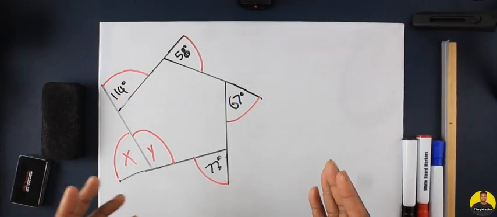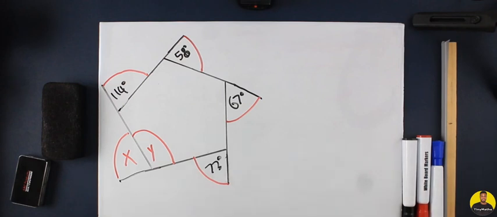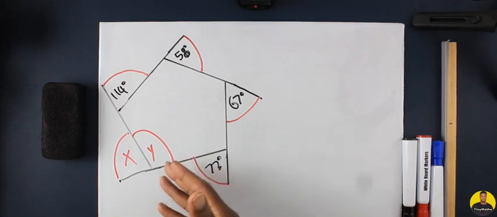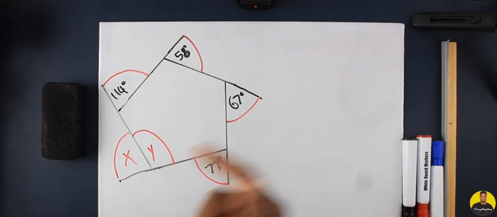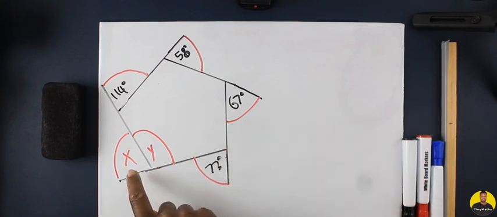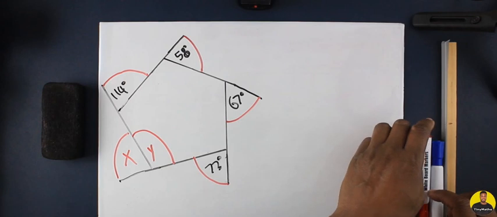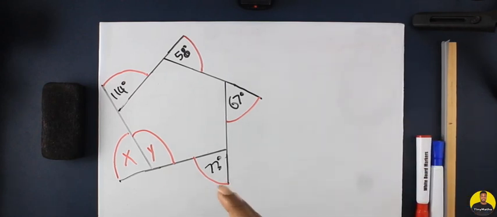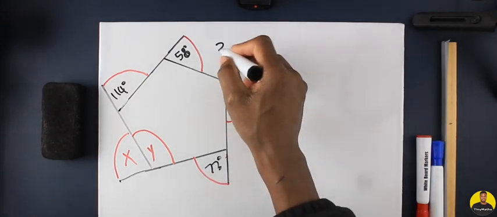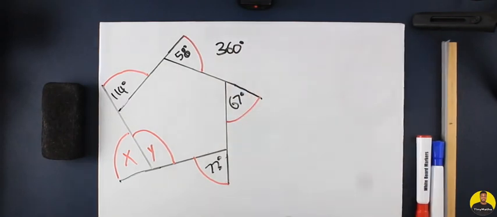So now we've established that the external angles in any polygon add up to 360 degrees, we can start to do some experiments. We can now try to answer some questions. Here you can see we have two problems. We have two angles that we don't know, X and Y. Let's try to work out the angles X and Y. We know that 360 degrees is the sum of all the external angles.